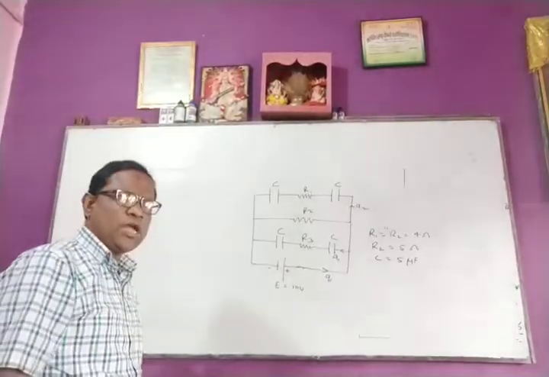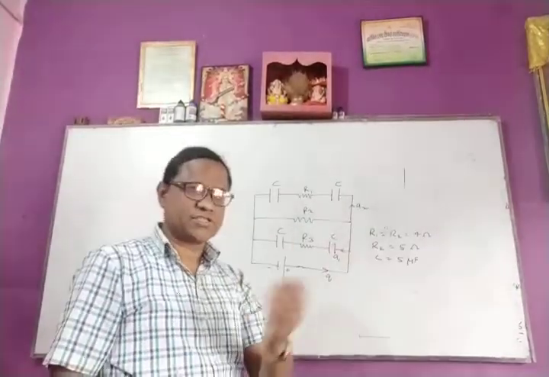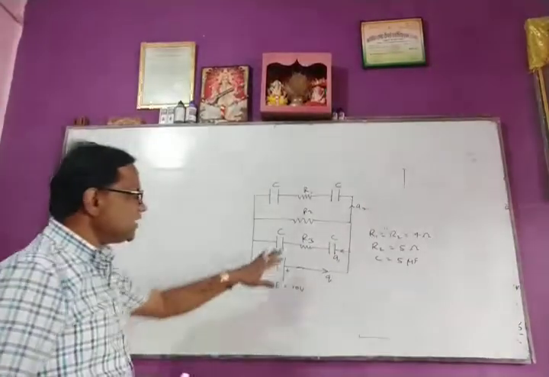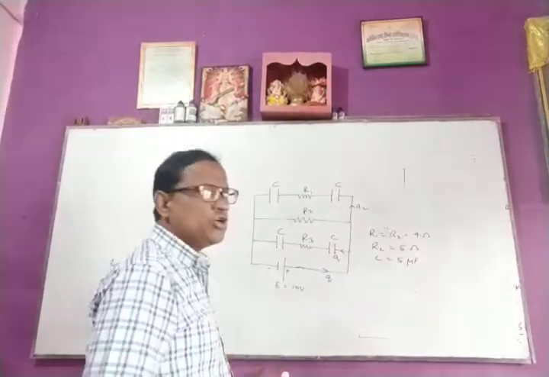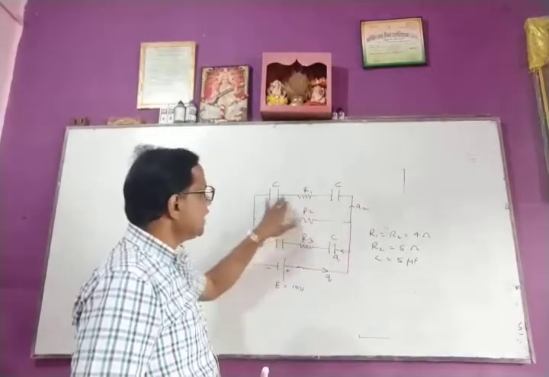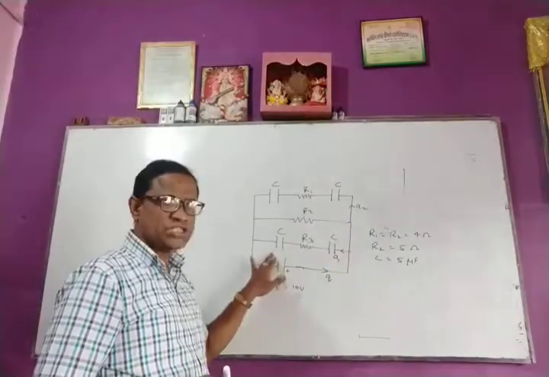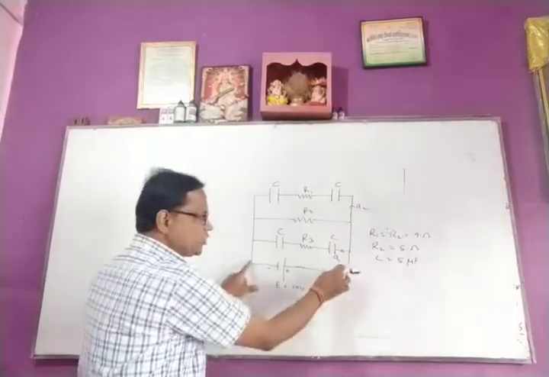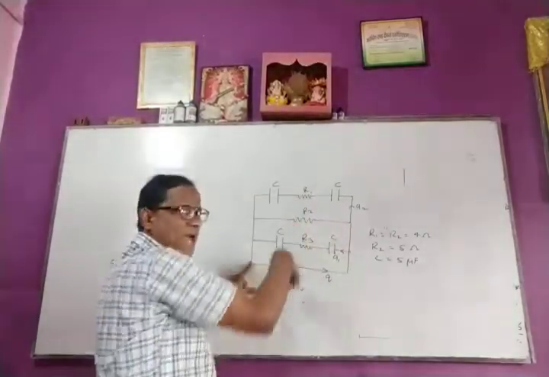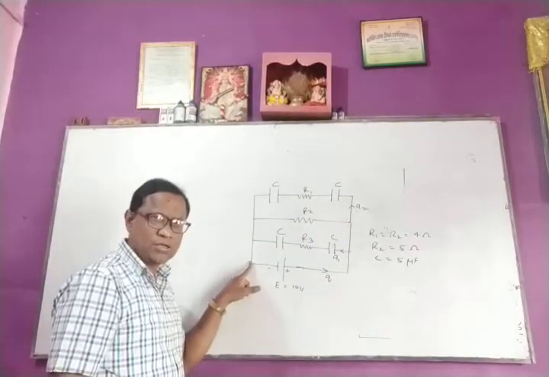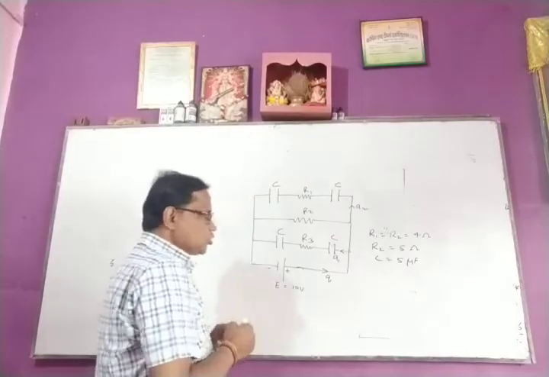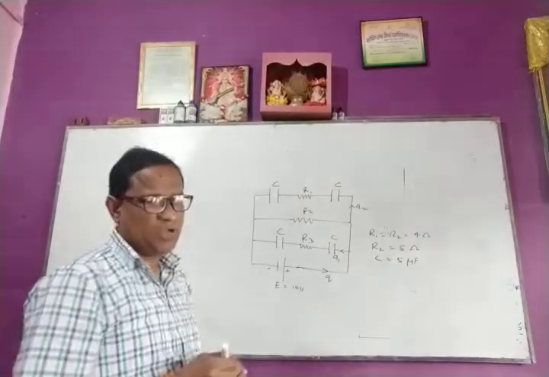Charge only flows across capacitors. So charge is divided in two parts. So C and C both are in series. With respect to these 2 points, all are in parallel. So potential difference will be same.